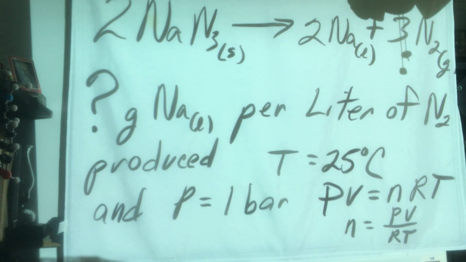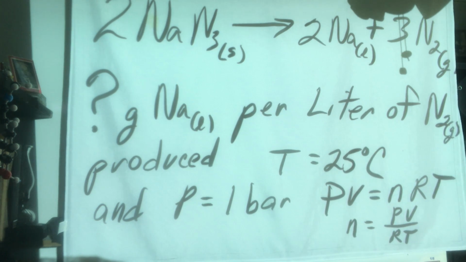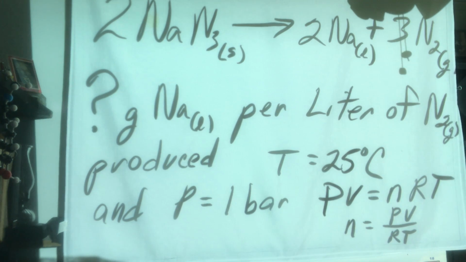It'll be the pressure times the volume divided by R times T. And what does it mean per liter of nitrogen gas? How many liters would that be? Every time you see per liter of this or per gram of that, it means 1. So we're going to use 1 liter of nitrogen.